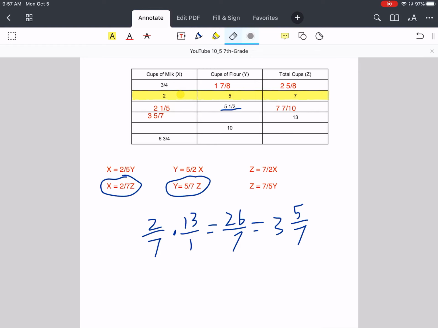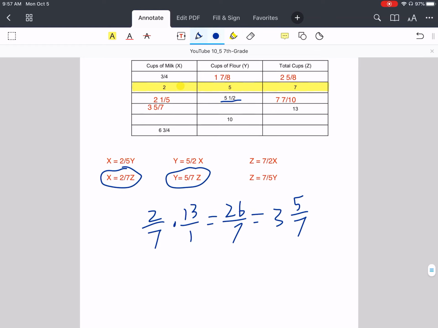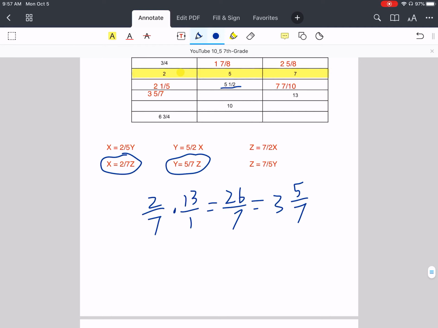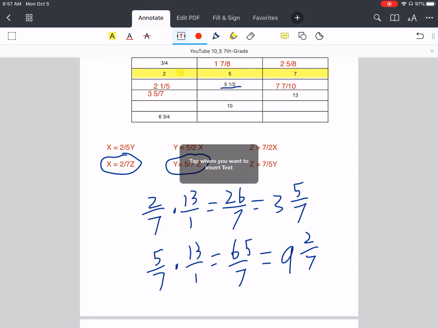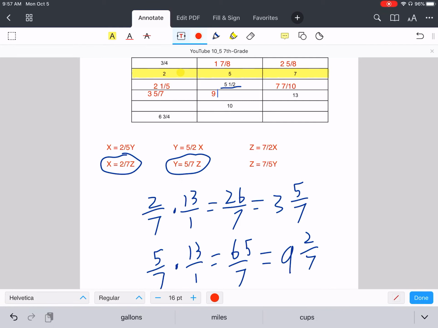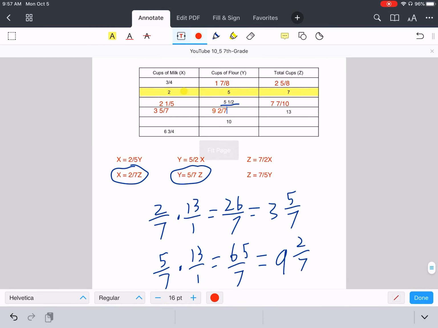And for the y value, I'm going to erase later, we have 5 over 7 times 13 over 1. That equals 65 over 7. That's going to equal 9 and 2/7. Again, we can always check these by adding up the x and the y value to make sure that they equal the z value, which in this case it does.